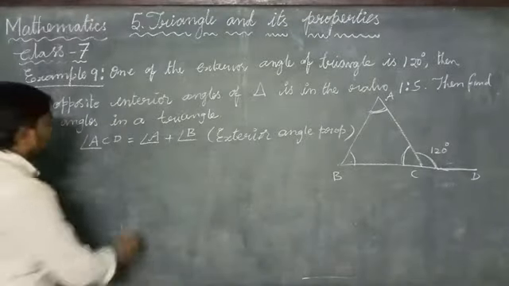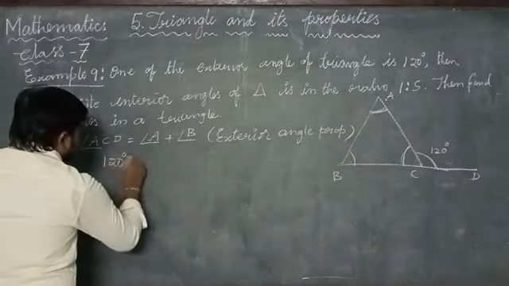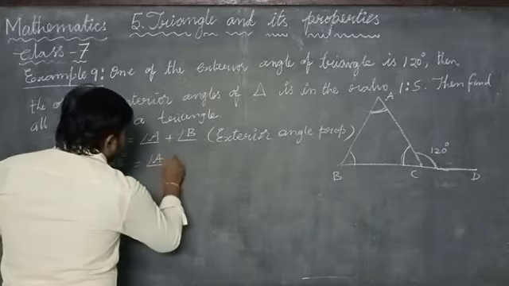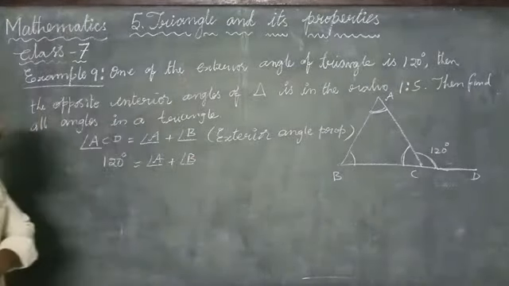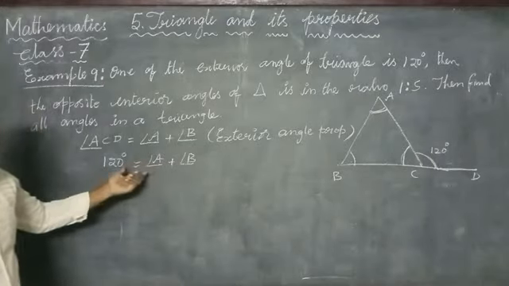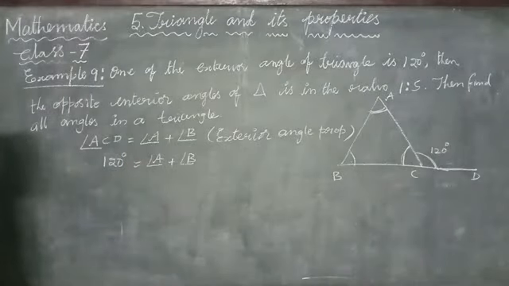Angle ACD is 120 degrees. Here angle A plus angle B equals 120 degrees. The sum of opposite interior pair of angles is 120 degrees.